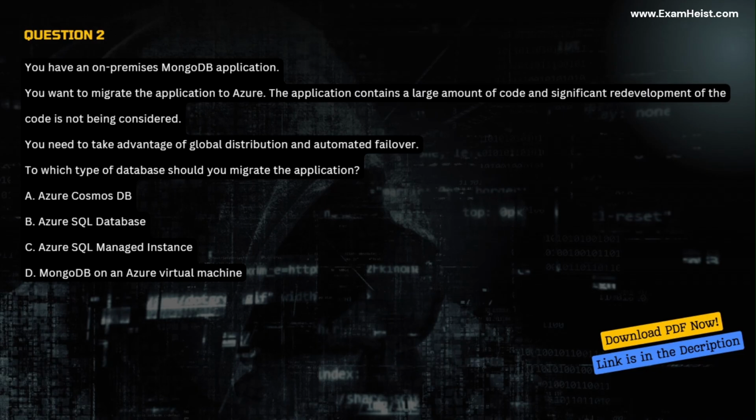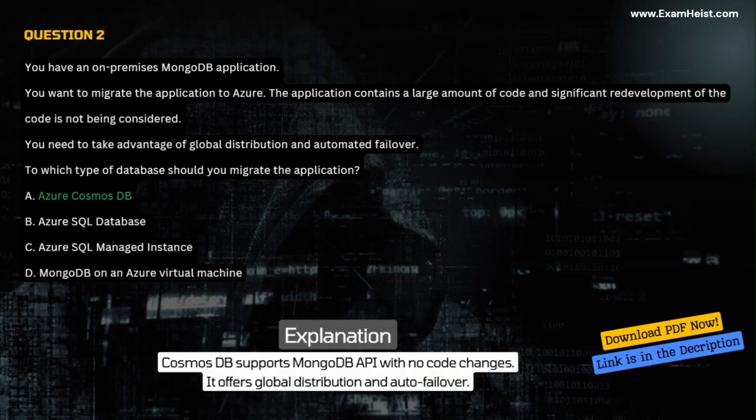B. Azure SQL Database. C. Azure SQL Managed Instance. D. MongoDB on an Azure Virtual Machine. Correct answer A. Azure Cosmos DB. Explanation. Cosmos DB supports MongoDB API with no code changes. It offers global distribution and auto failover.